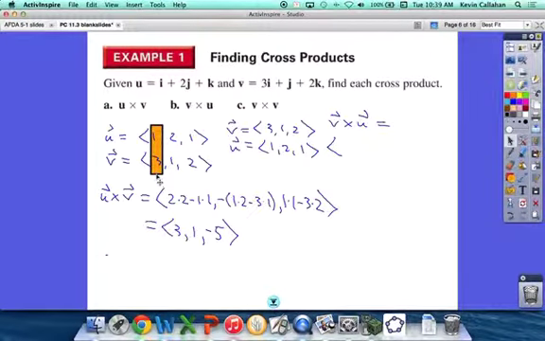Okay, what do I got wrong here? I'm on the wrong thing. Oops, over here. Okay, so now do the math. 1 times 1 minus 2 times 2. 1 minus 4, negative 3.